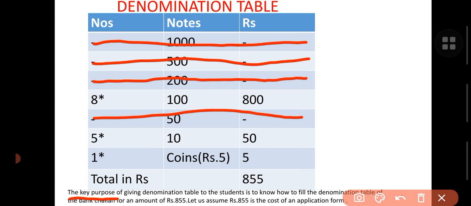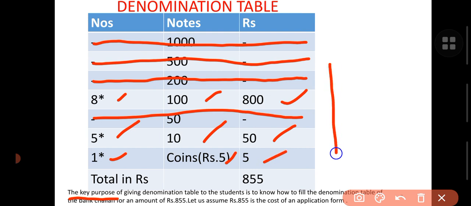We have 8 numbers of 100 rupees note. 8 times 100 we get 800. 5 numbers of 10 rupees note gives 50. 1 number of 5 rupees coin gives 5. Putting all together the total we get rupees 855.